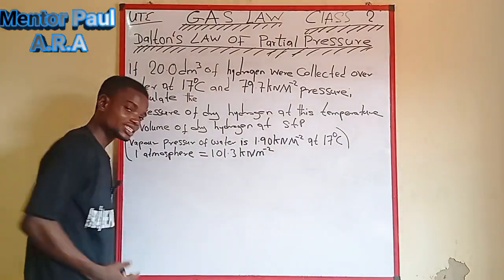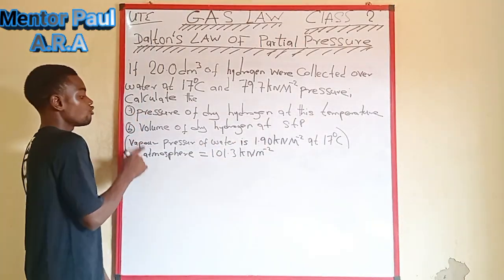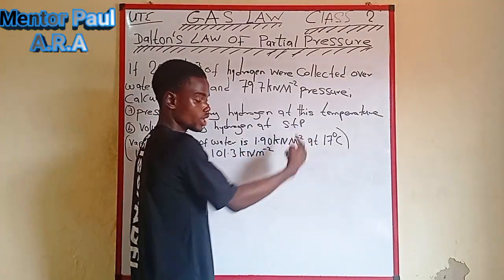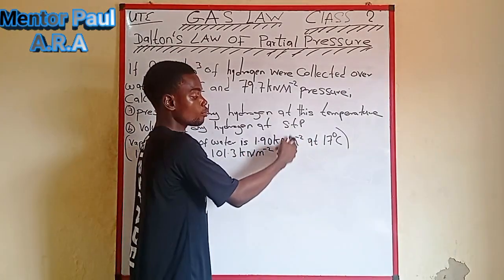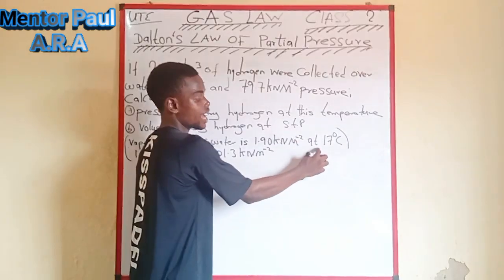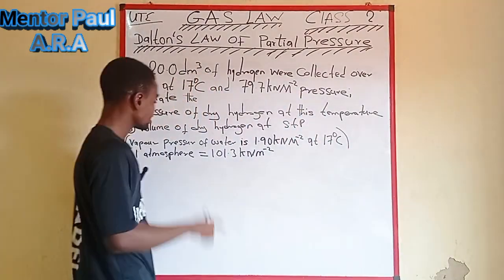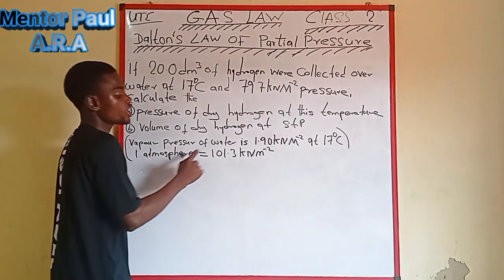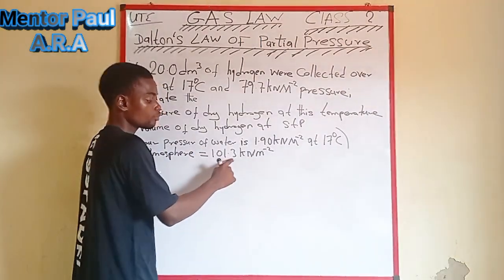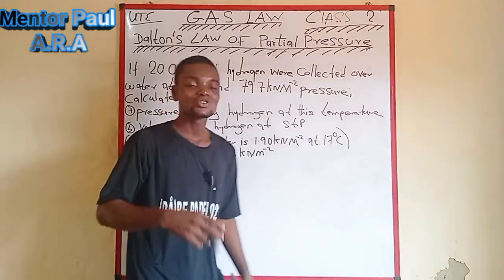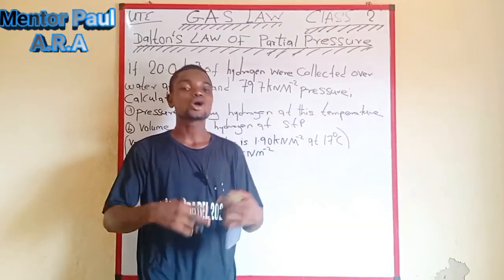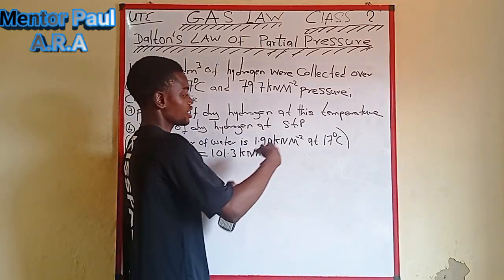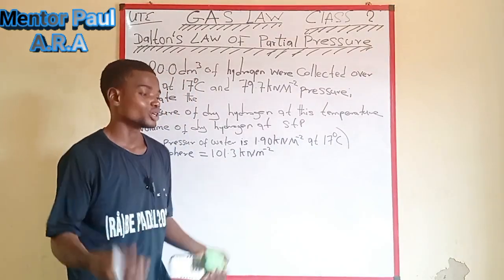Now you're given in brackets a tip to use: the vapor pressure of water is 1.90 kilonewton per meter square at 17 degrees Celsius. That is the water vapor. And you're given that 1 atmosphere equals 101.3 kilonewton per meter square. I know at this point you will be confused with all of these parameters: vapor pressure, standard temperature, and pressure.